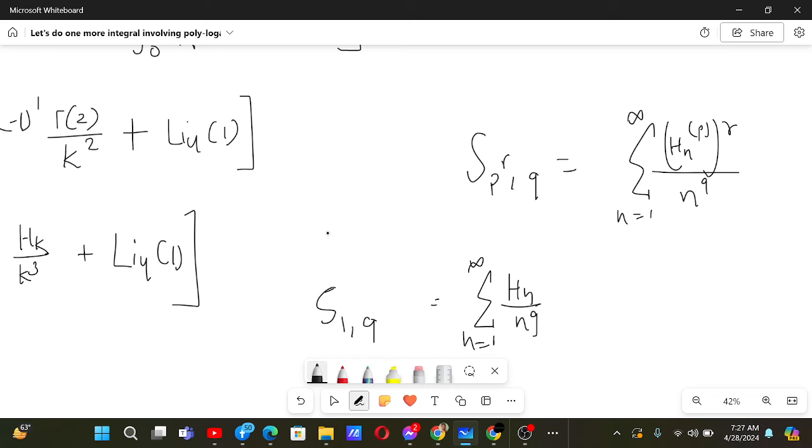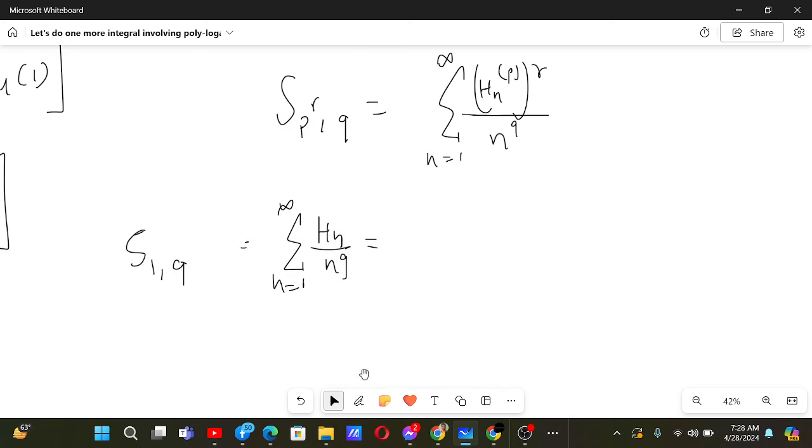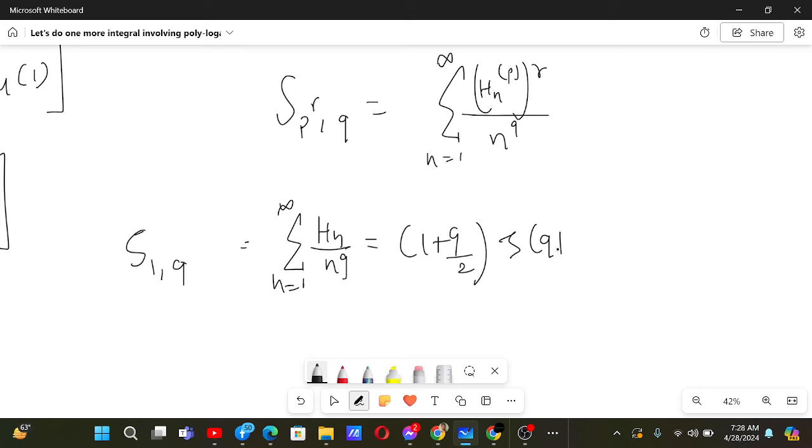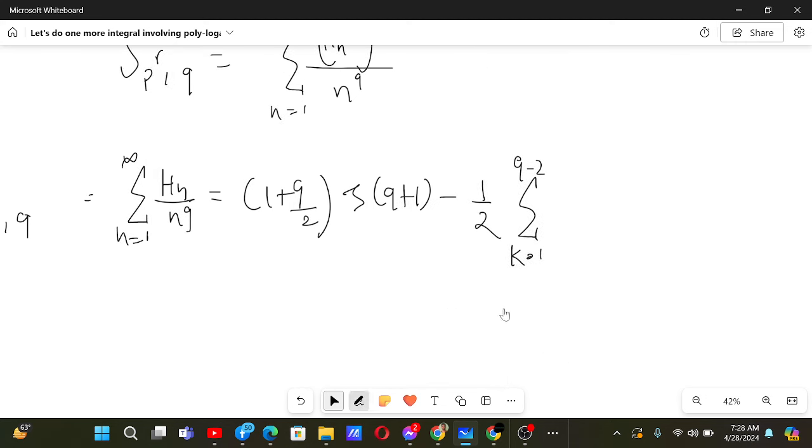We already have formulas for this type of sum given by Euler himself, which is (1 plus q by 2) Riemann zeta of q plus 1, minus 1 by 2 times the sum from k equals 1 to q minus 2 of Riemann zeta of k plus 1 times Riemann zeta of q minus k.